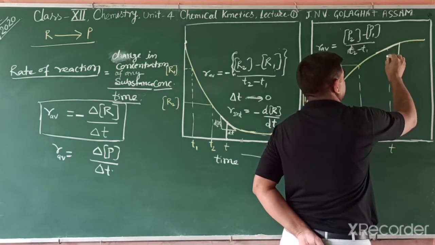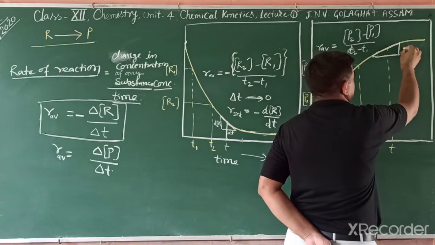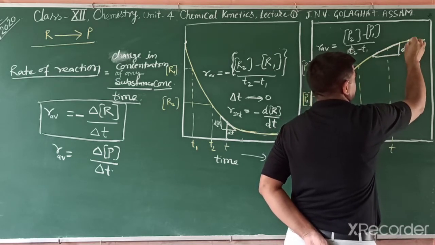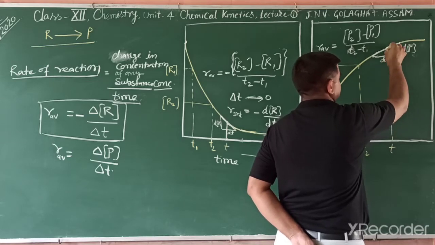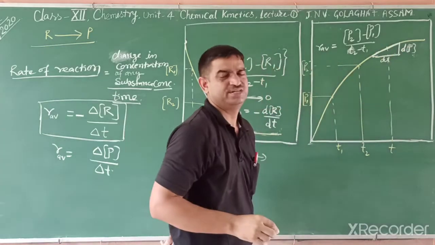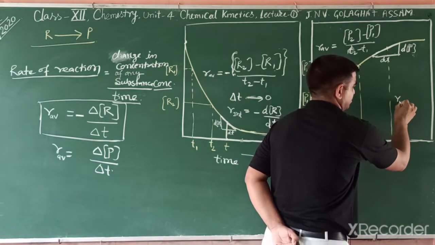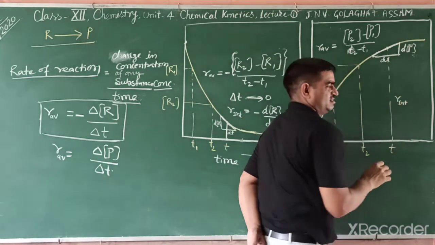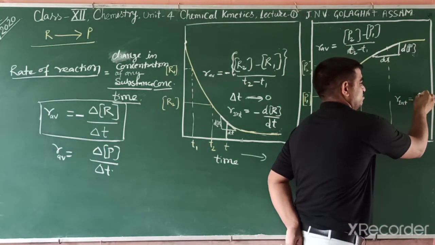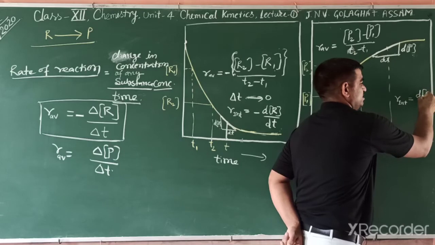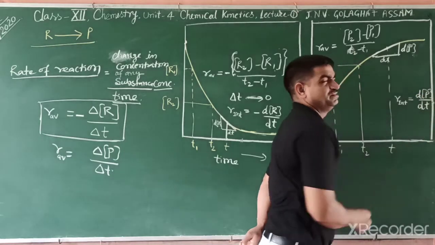In this we can make a plot and we write this change in concentration dP, and this one is dt. So at a particular point, instantaneous rate, how can you identify? The instantaneous rate at a particular point is a very small change in product, means in place of delta we write d, dt and dP.